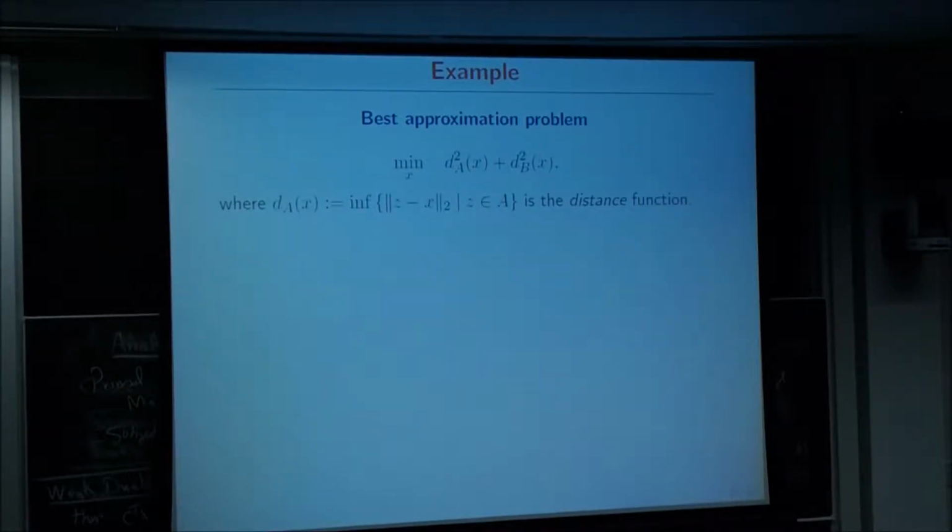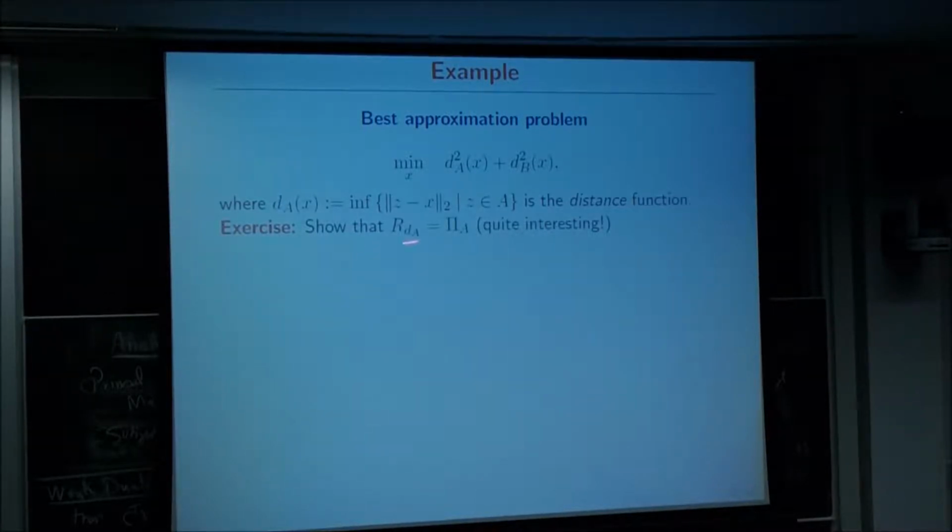So there's another example of a best approximation style problem. We minimize the squared distance to set A plus the squared distance to set B. Remember, you proved the distance function to a convex set is convex on one of your homeworks. This is just that. So you can take those and try to minimize. Very pretty thing falls out.